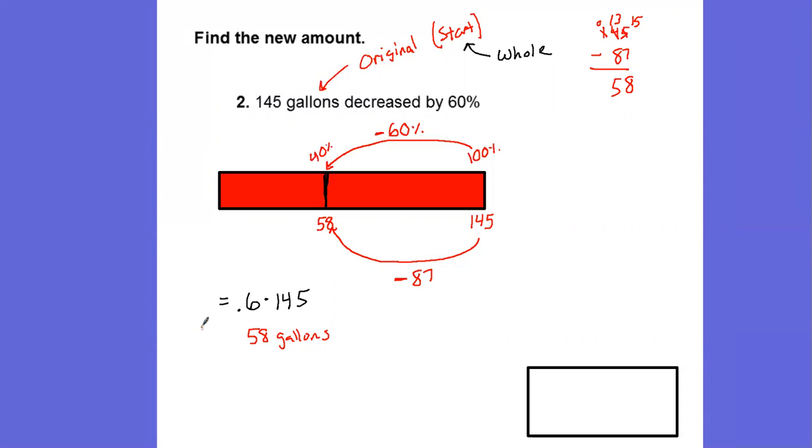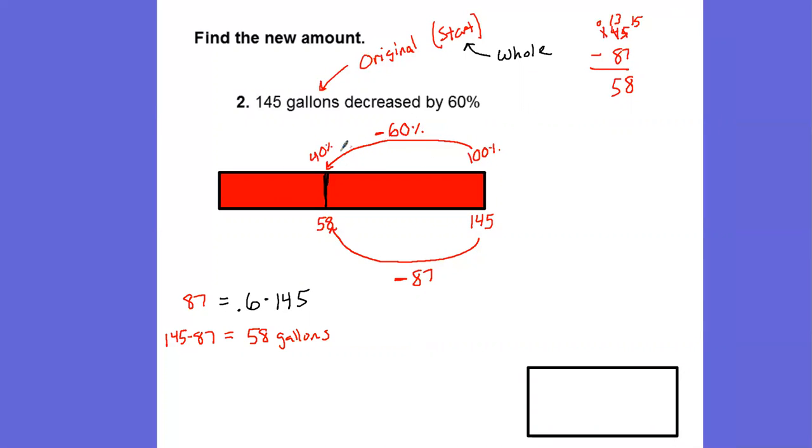And how did I get that number? Let's write that down here. So 60% of 145 was 87. And then I took the 145 that I started with, subtracted out the 87 that I lost, and I ended with 58 gallons. Now, the other way, instead of doing this in 2 steps, calculating how much you lost and then subtracting it from your original, why not just do it in 1 step?